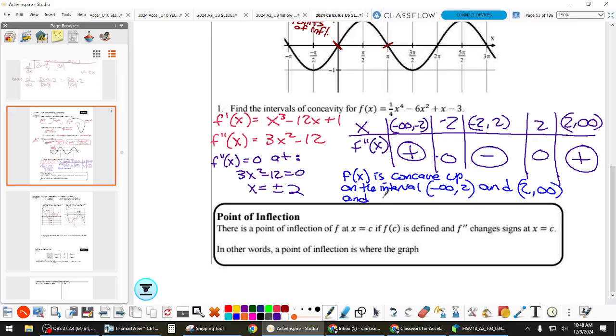Okay, good. You need a negative 2 on the... Alright, I lost my negative right there. And then our reasoning is why? Because f double prime changes sign at negative 2 and positive 2. Cool.